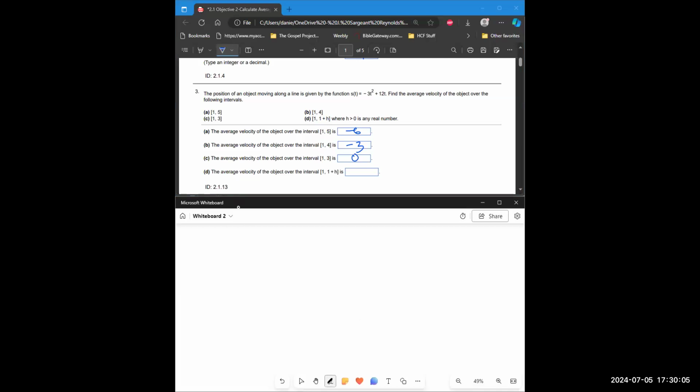Now we want to find the average between 1 and 1 plus h. Negative 3 times 1 plus h squared plus 12 times 1 plus h minus 9, we know, is s of 1, over 1 plus h minus 1, which is going to be h.